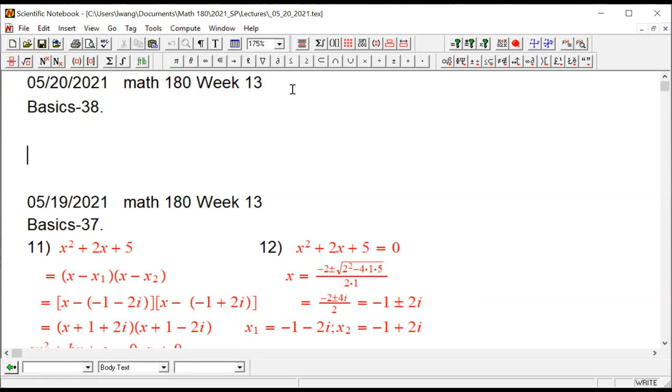Basic 38 is primarily about the cases where we have the factors. You can see they're all given as factors. How do we sketch? You're being asked for domain and range.